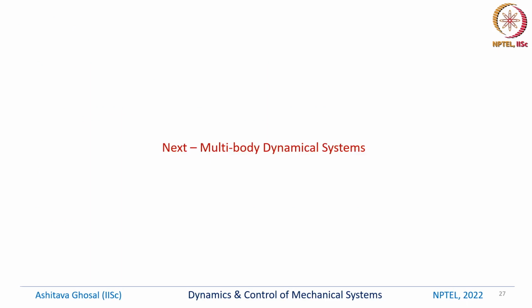So in this lecture, we looked at position and orientation of a rigid body in 3D space, and the linear and angular velocities and accelerations. In the next lecture, we'll look at multi-body dynamical systems.